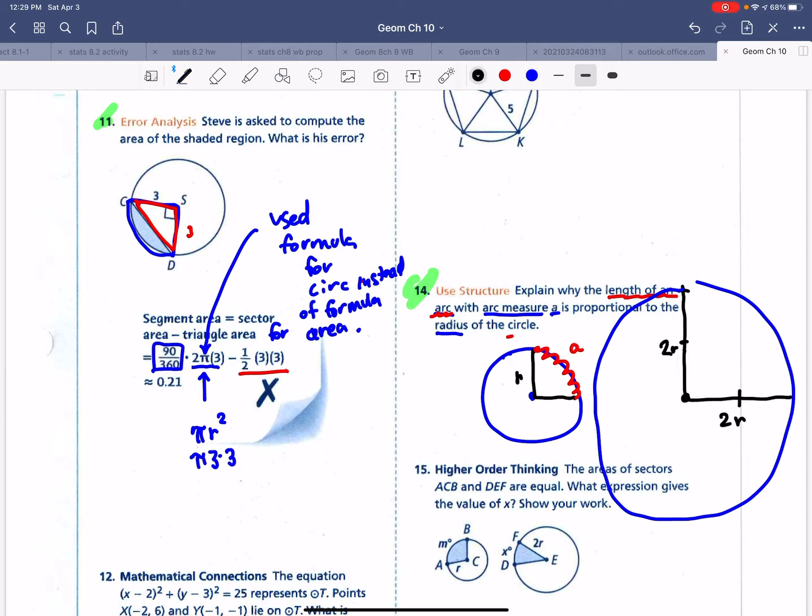So this is 2R. Notice there is a proportion here because this got a lot longer. So the larger the radius, the longer the arc measure.